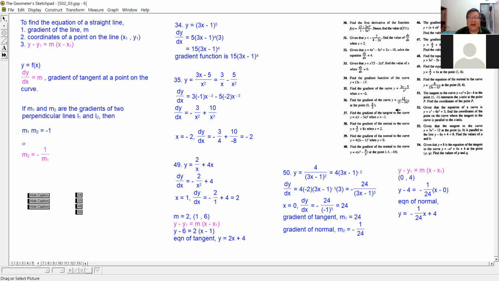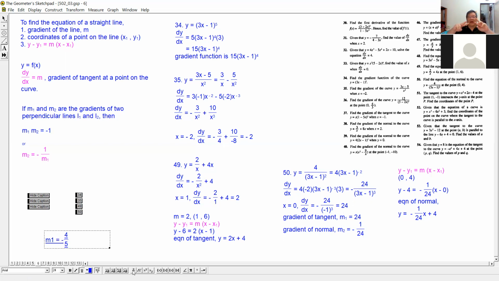Now let's say my m1 is negative 4 over 5. What do you think is m2? Take the number, flip it, and flip the sign also.